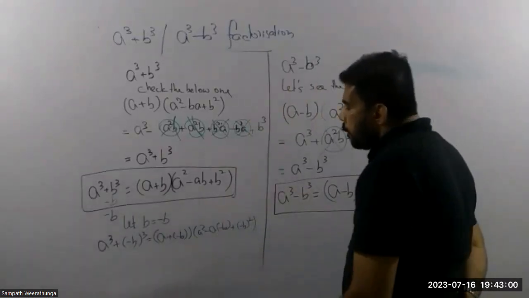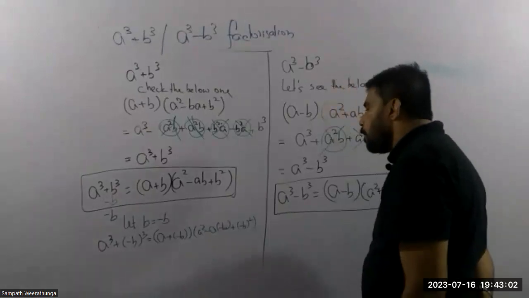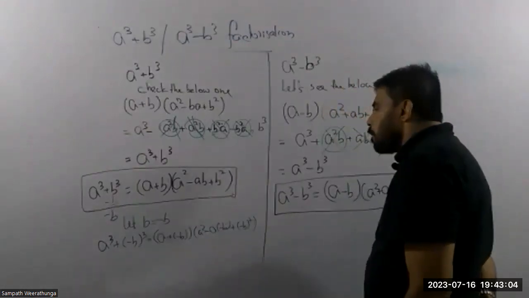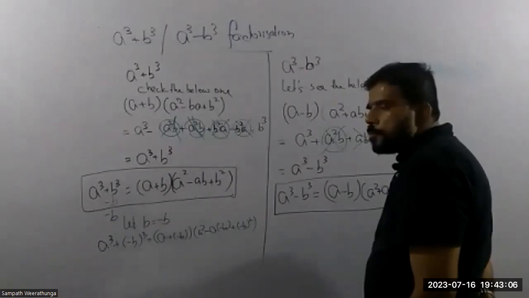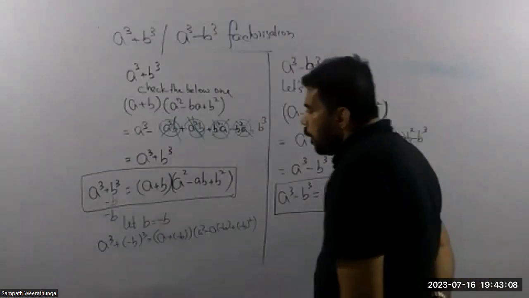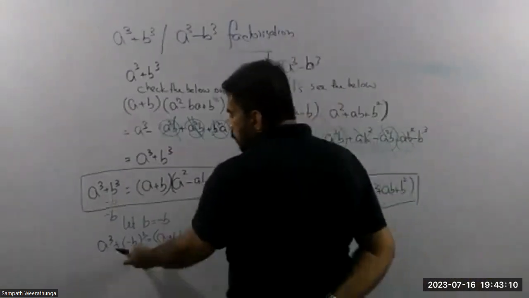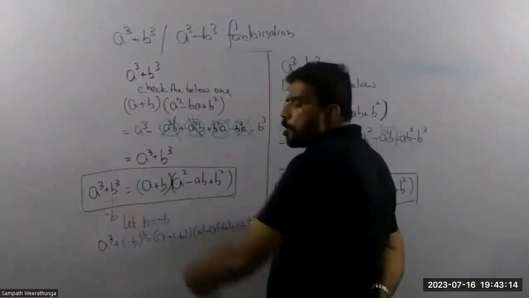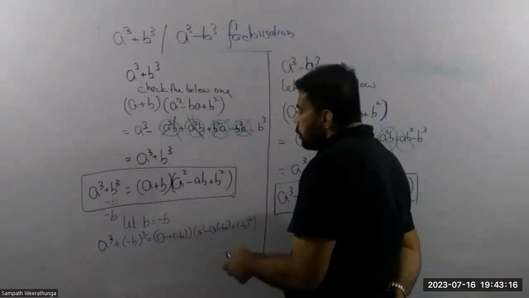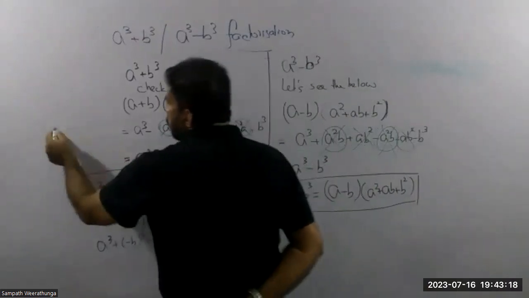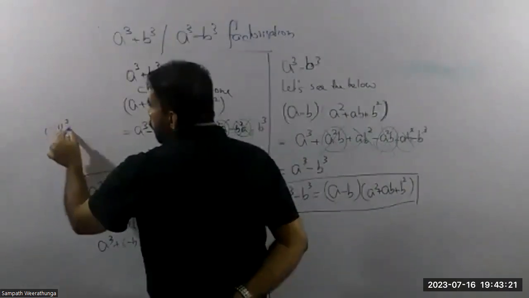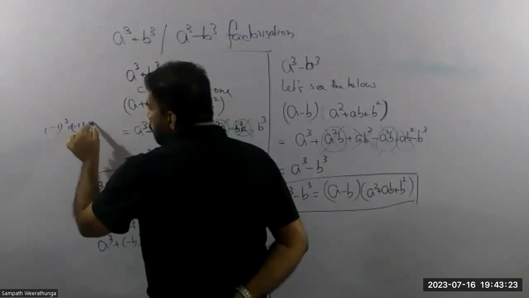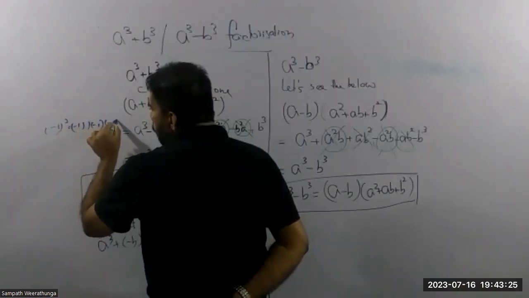Then I'll expand the possible terms, and you know here negative b cubed means b cube and minus 1 cube. Minus 1 cube means minus 1 multiplied by minus 1 multiplied by minus 1.